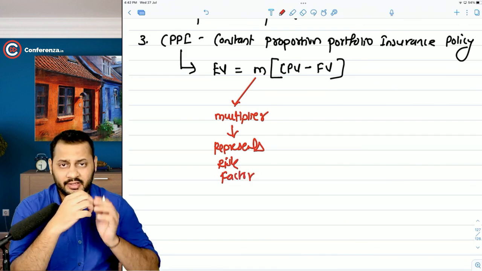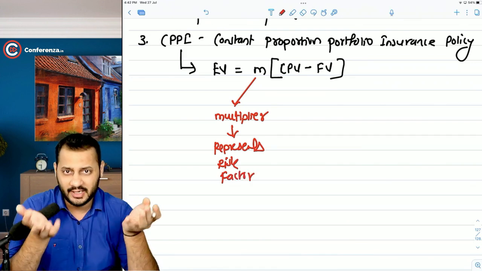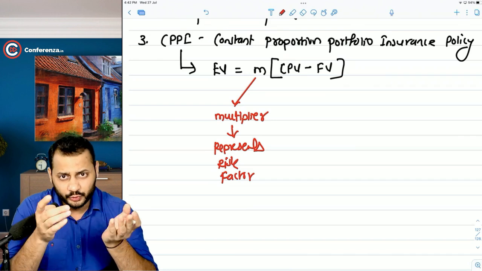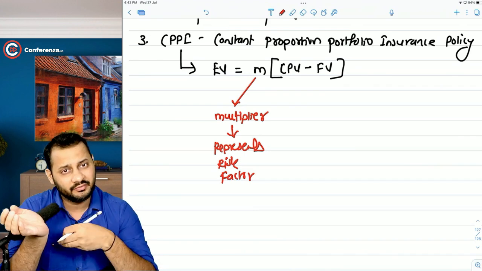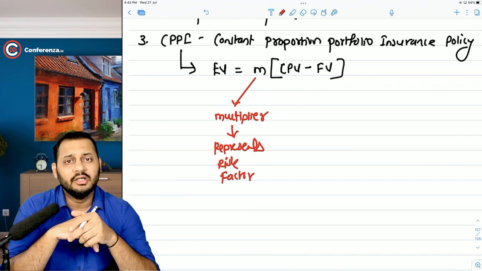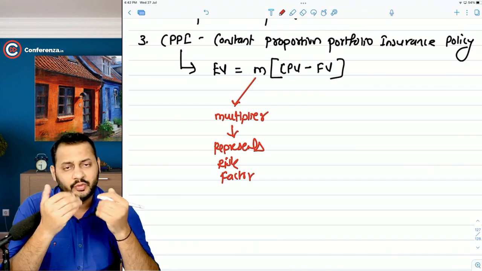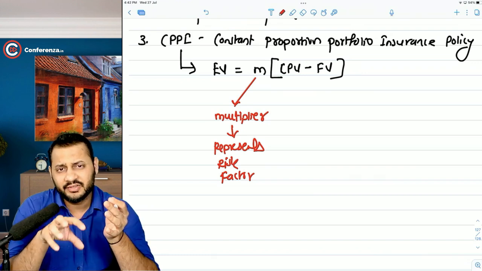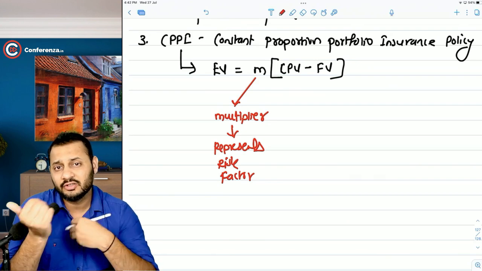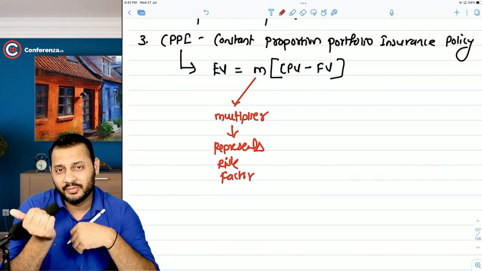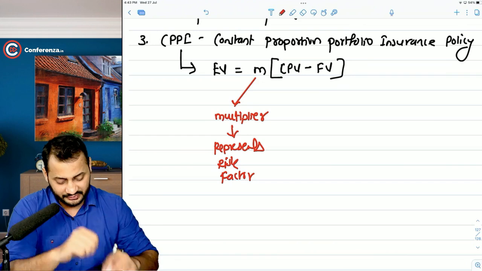If you can take high risk, the multiplier will be higher. So if the multiplier is 2 and my multiplier is 4, that means I can take high risk in the same investment as you are going to consider.